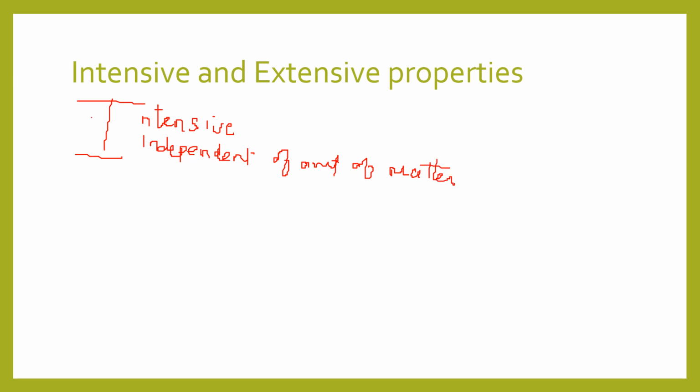Another example, let us see all the examples which are there. Very important question. So boiling point is an example of intensive property. Melting point is an example of intensive property. Density is an example of intensive property, because density of water is 1 irrespective of how much is the amount.